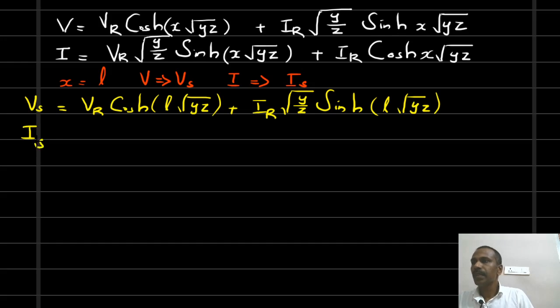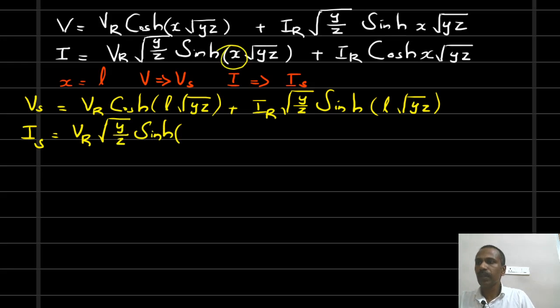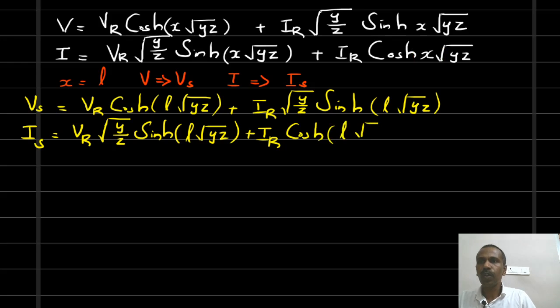The current Is equals VR into root of Y by Z into sinh(length L root of YZ) plus IR into cosh(L into root of YZ).